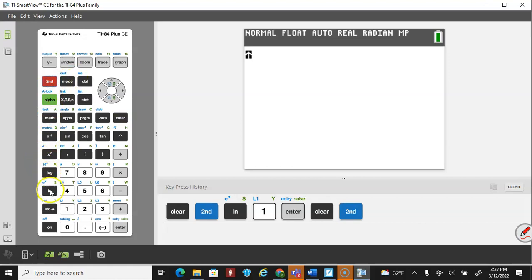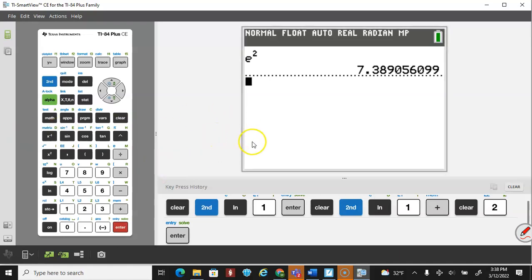Second, I'm going to go down here to ln, that's e to the x, and I'm going to show you this to the second power. Then we push enter and see that gets us our value here. We're just going to round this to the nearest tenth, so this is going to be 7.4, because that 8 would round this up to the 4.